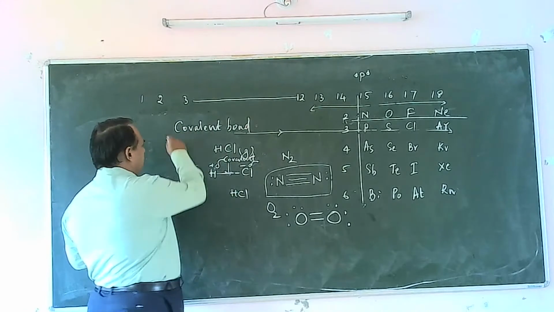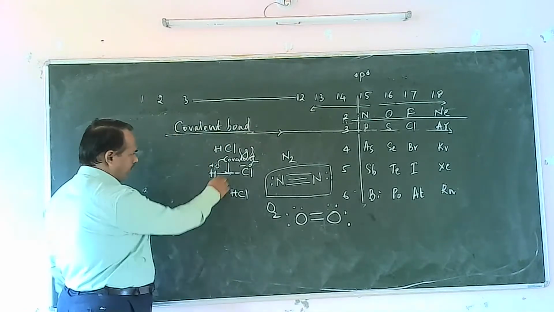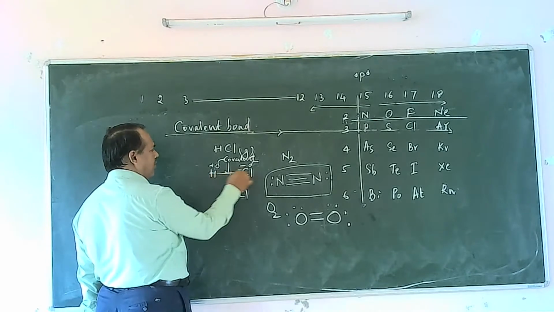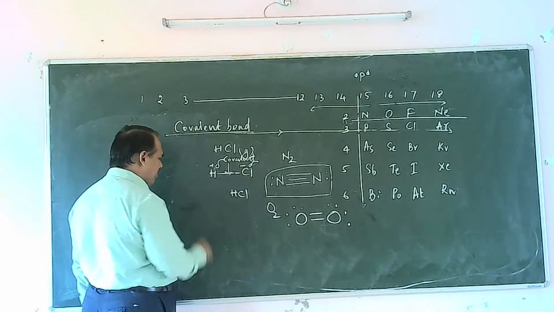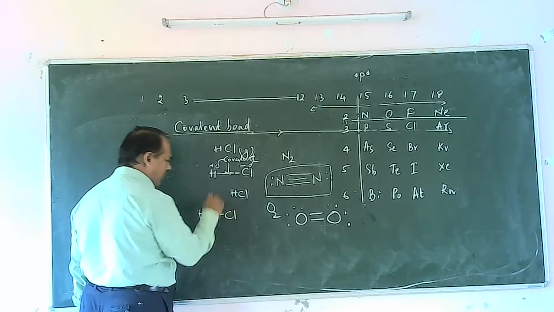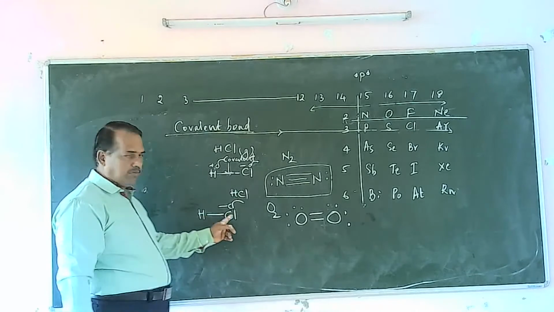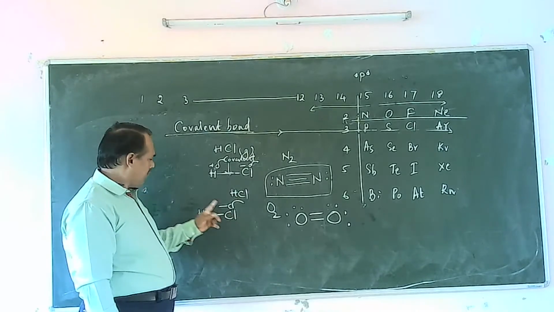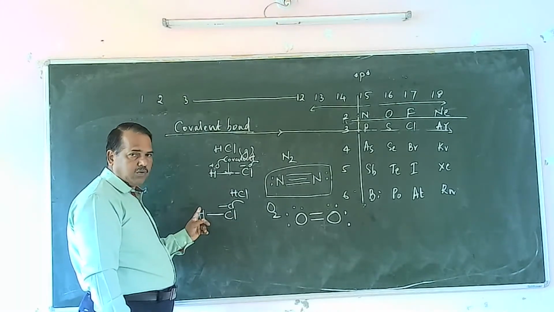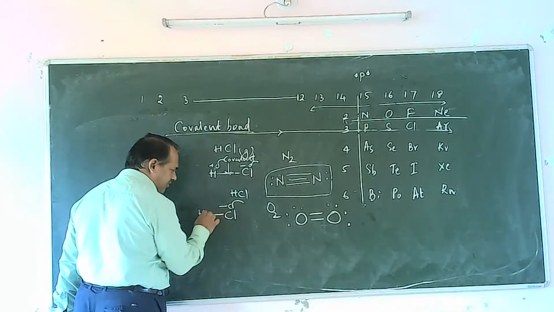So here in covalent bond, why the formation? Again, I am going to take the example of hydrochloric acid. Here, due to the higher electronegativity, electron flow is more towards the chlorine atom, and here it is electropositive.